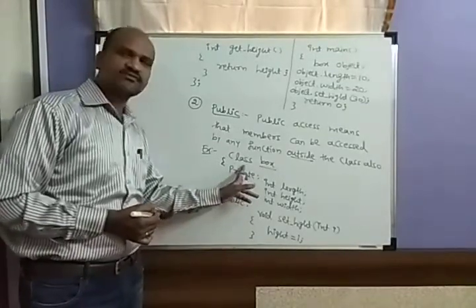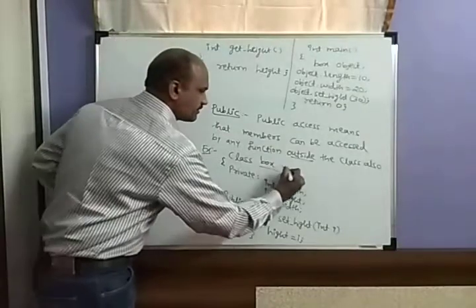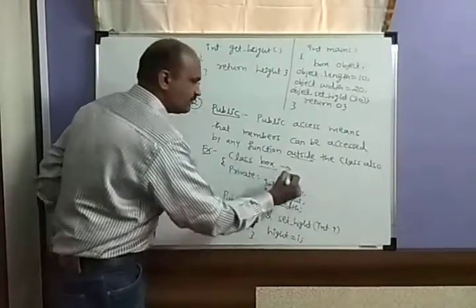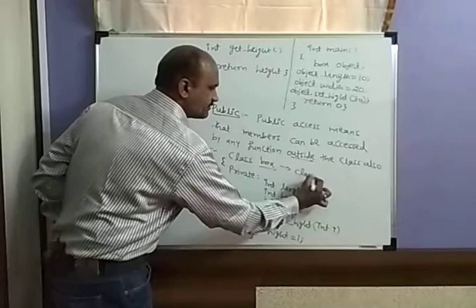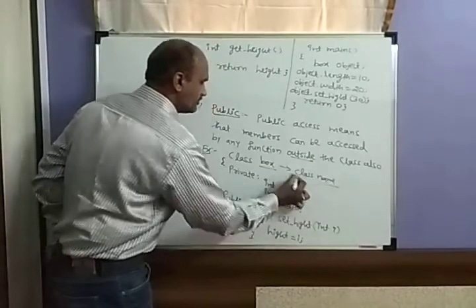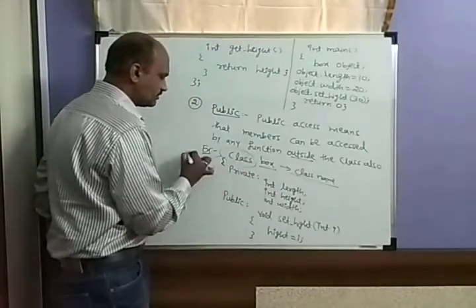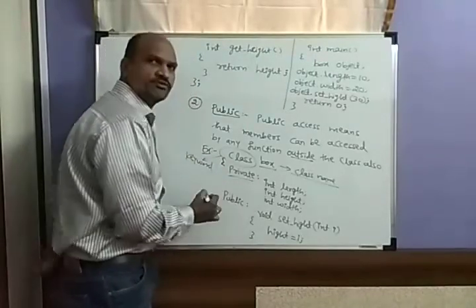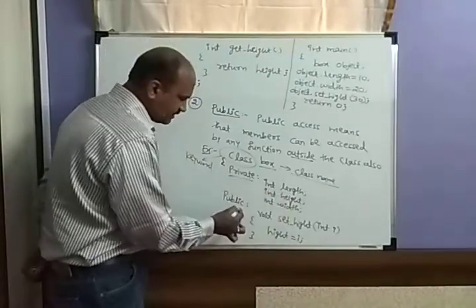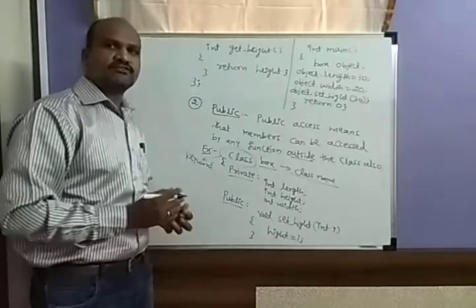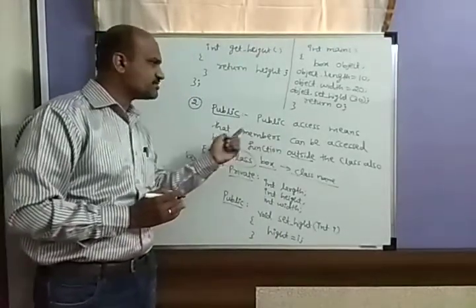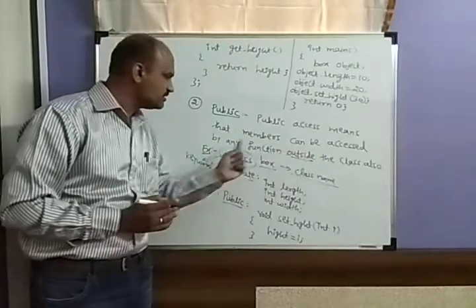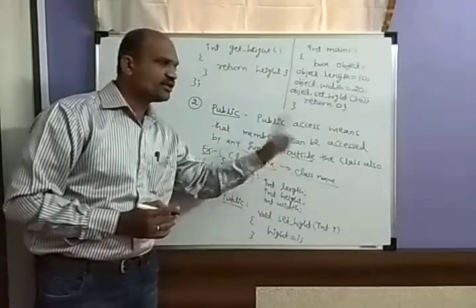So what will happen: this is a public access specifier, this is a private access specifier. In the class, this is a user defined class name, you can define anything. Class is a keyword. Then this is a private access specifier with the data members. In public, as I told you, public access means that members can be accessed by any function outside the class also.